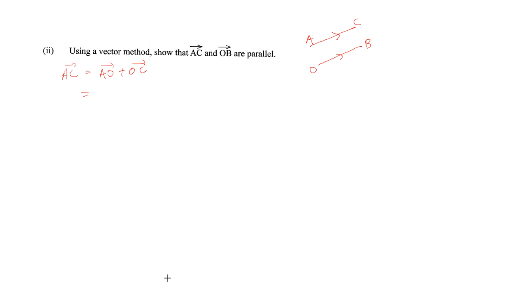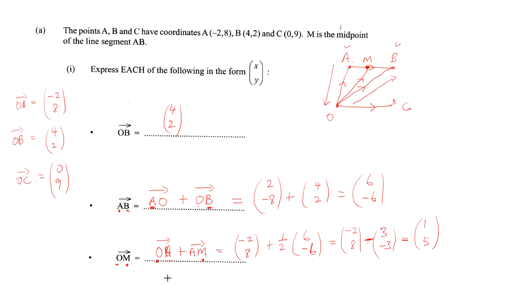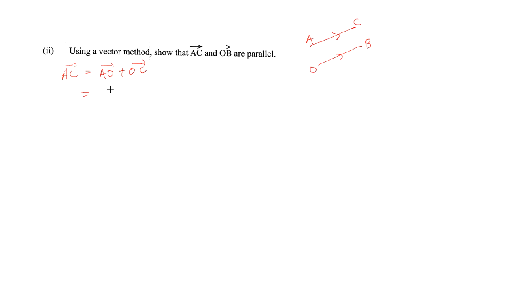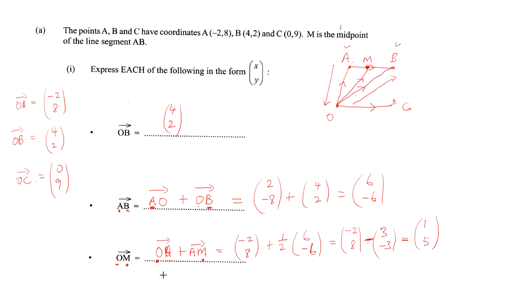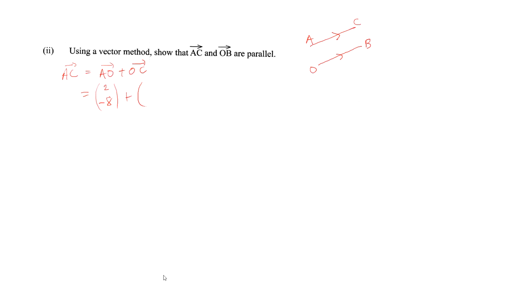AO is 2, minus 8, plus OC, which was 0, 9. So this will be 2, and 2 plus 0 gives me 2, and minus 8 plus 9 gives me 1. So that is AC.